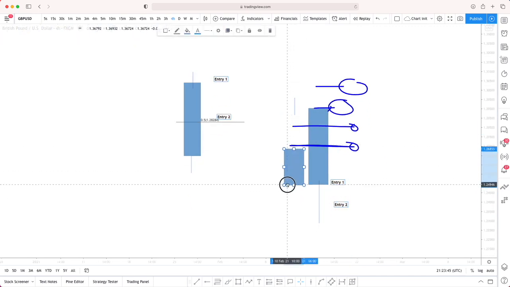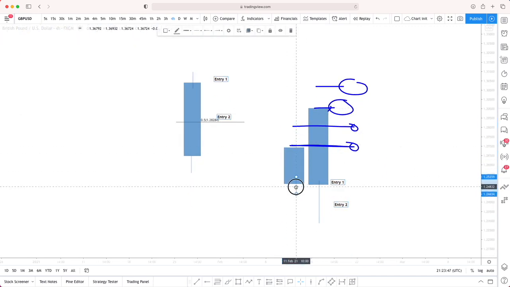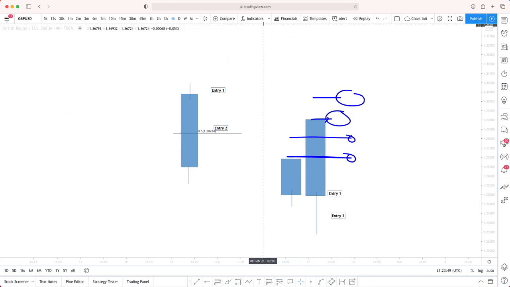You probably should add a pip or so, or whatever your spread is, to your entry, just to make sure you actually trigger, so spread doesn't let you down. In terms of stop loss, you'll be fine, but for a sell, you do need to add a pip or so to your stop loss to cover the spread. But that's the basic entry to where you'll place your orders.